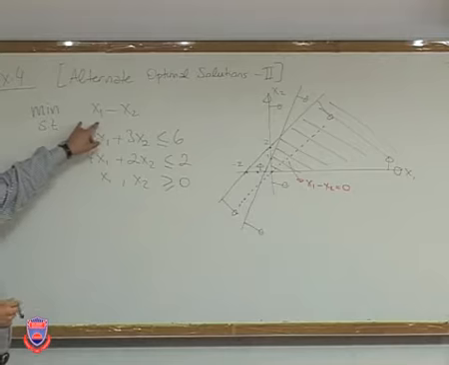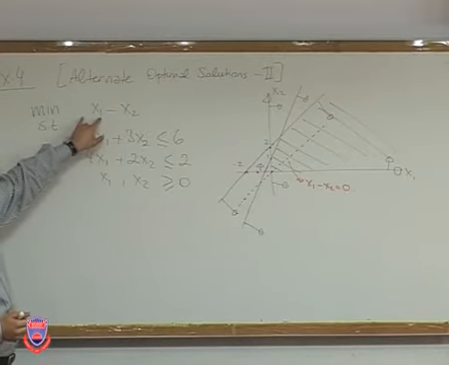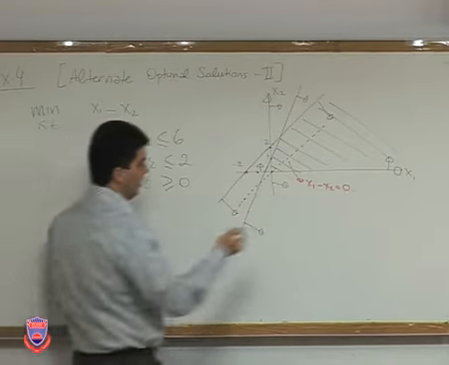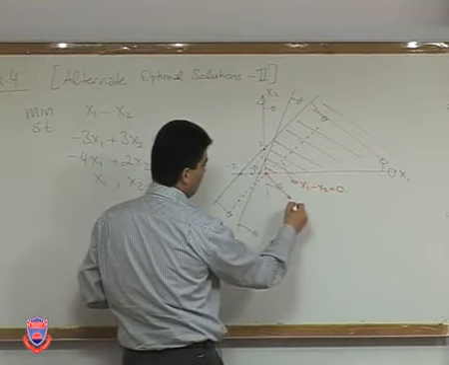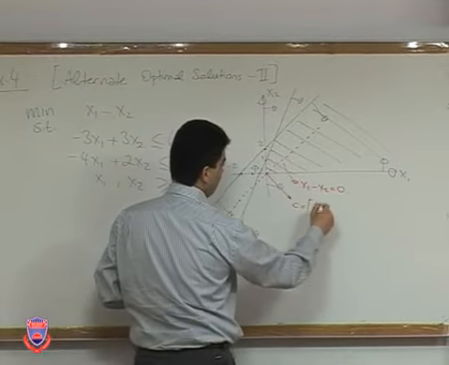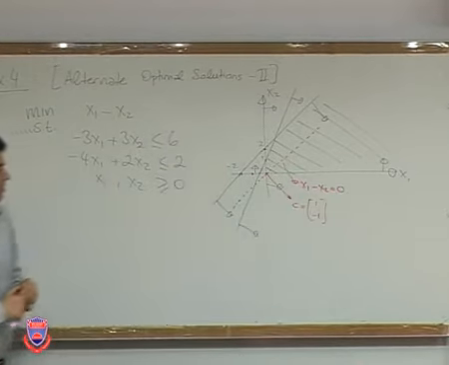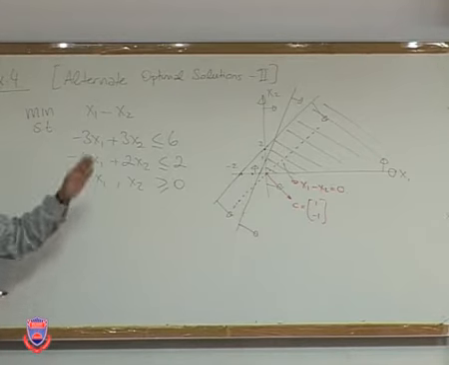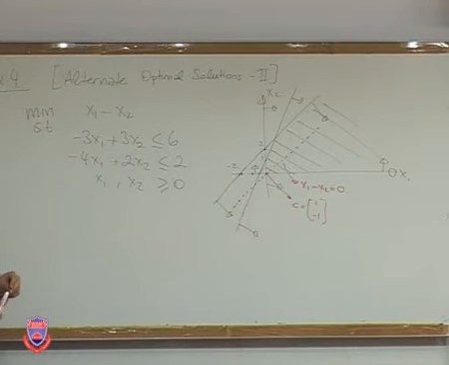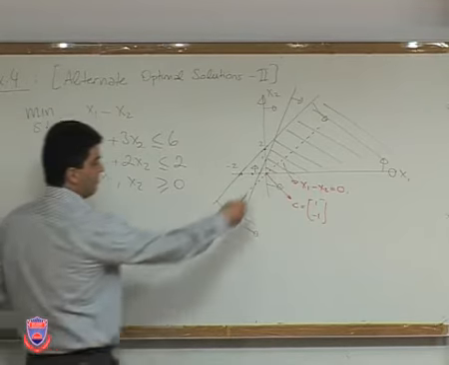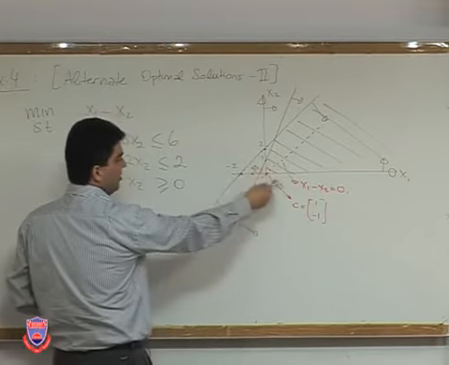What is my C vector for this problem? It's going to be 1, minus 1. And 1, minus 1 actually points in this direction, which is perpendicular to the isocost line. And what's the improving direction? It's the negation of that. So basically, I want to push this line in the opposite direction of C as much as I can.